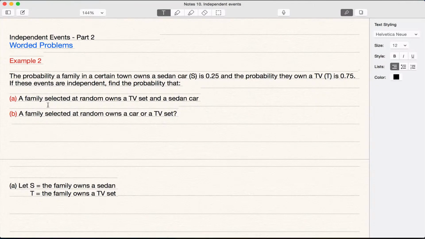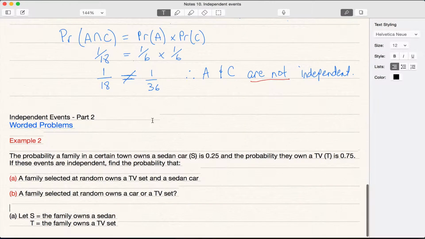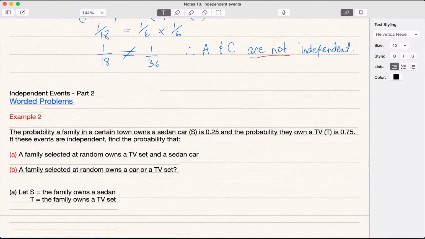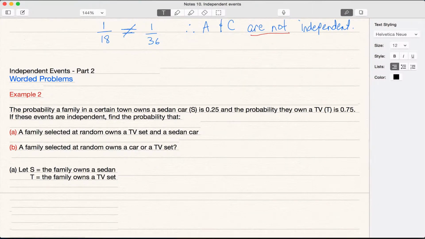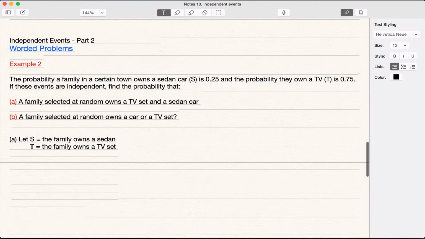So if we're looking at answering part A, the very first thing we need to do is define our variables in a worded problem, or in a probability problem, it's defining our sets and outcomes.